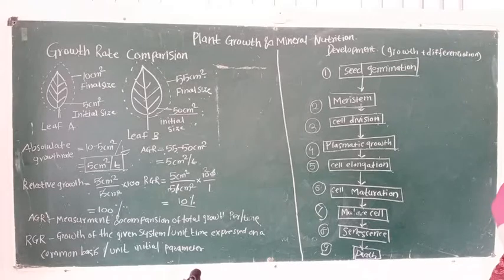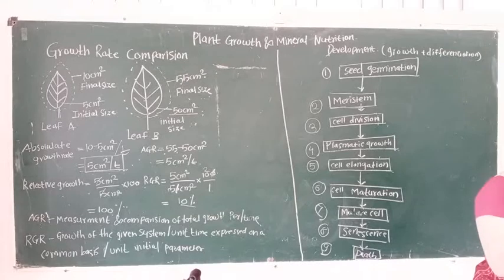When this dormant embryo resumes metabolic activities, a seedling forms. That is formation of a seedling from the embryo. This process is known as seed germination.